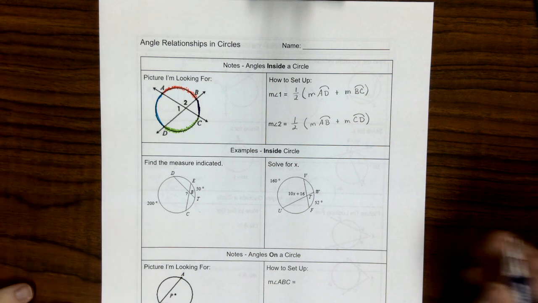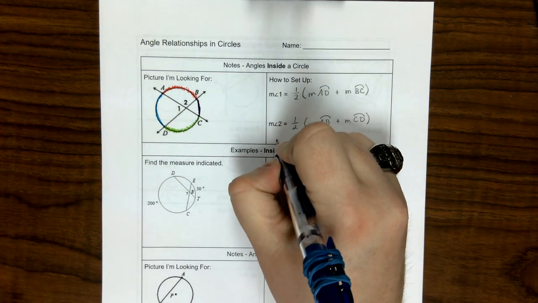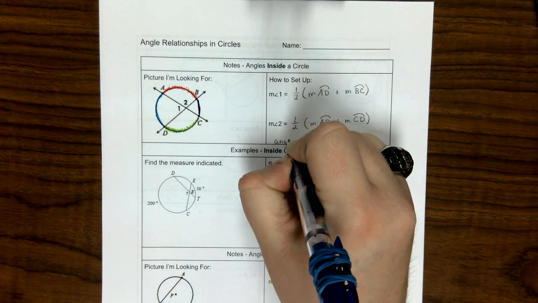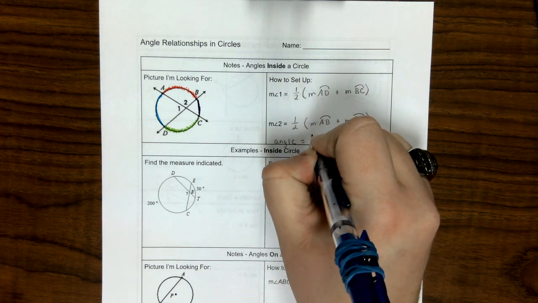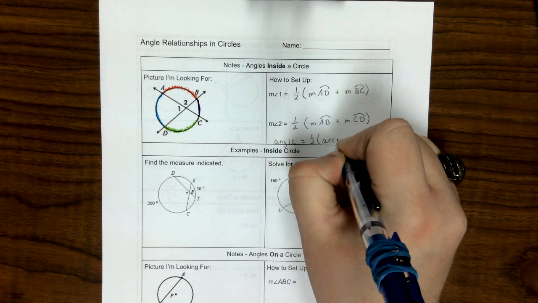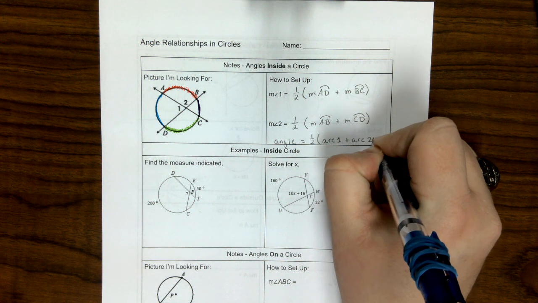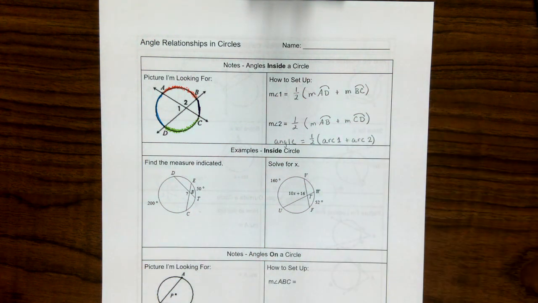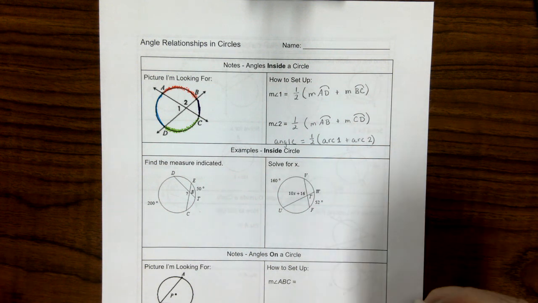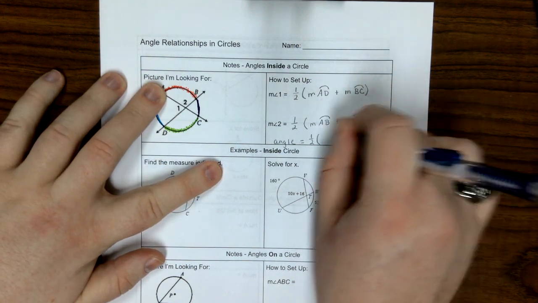So in a general sense, I tell myself that the angle is equal to 1/2 times arc 1 plus arc 2. Let's say it another way.